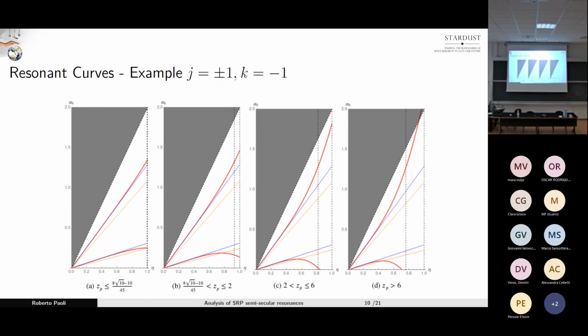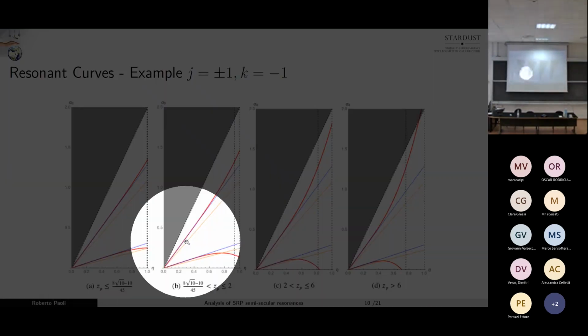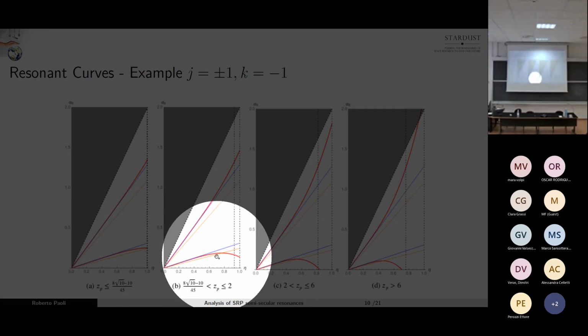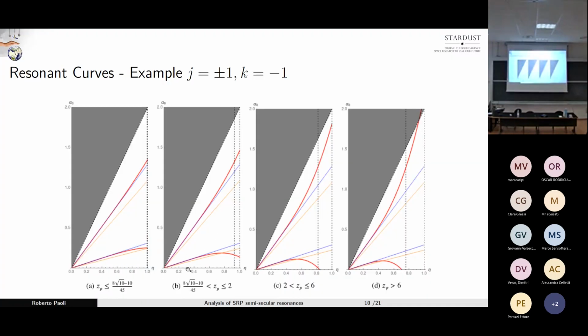The blue curve corresponds to secular resonances, which depend only on the inclination and not on the eccentricity, while the orange curve separates branches of the curves into regions with equilibrium points with opposite indices of stability.